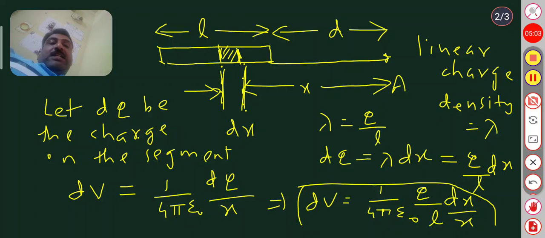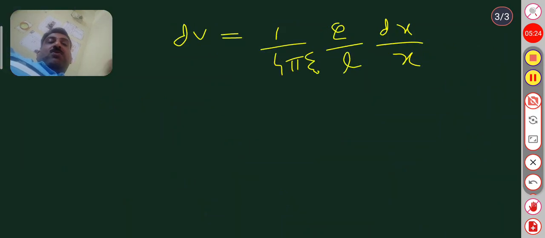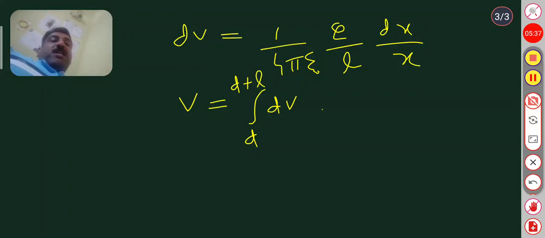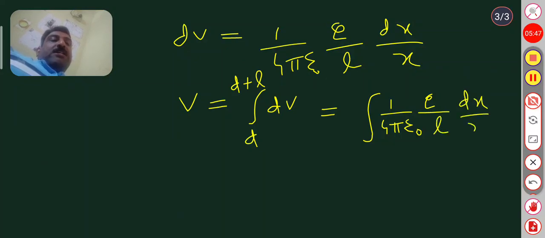Now I can integrate it from distance d to d plus L. From point A, one end of the rod is at distance d and the other end is at distance d plus L. So the total potential is the integral of dV from d to d plus L, which is the integral of 1 by 4 pi epsilon 0 into Q by L into dx by x from d to d plus L.